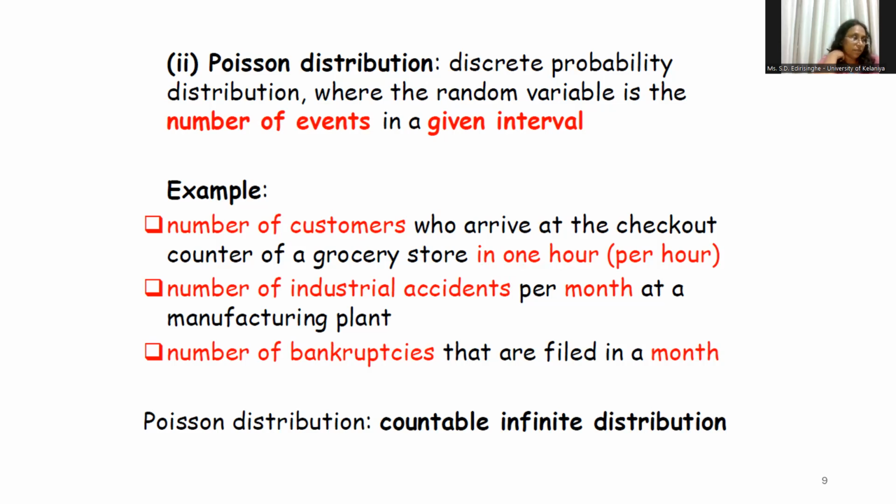Likewise, we can see some examples: the number of errors in a book, a number of phone calls coming to a telephone operator. So that is a countable infinite distribution. Poisson distribution is a countable infinite distribution. It is a discrete probability distribution where the random variable is the number of events in a given interval. Okay.